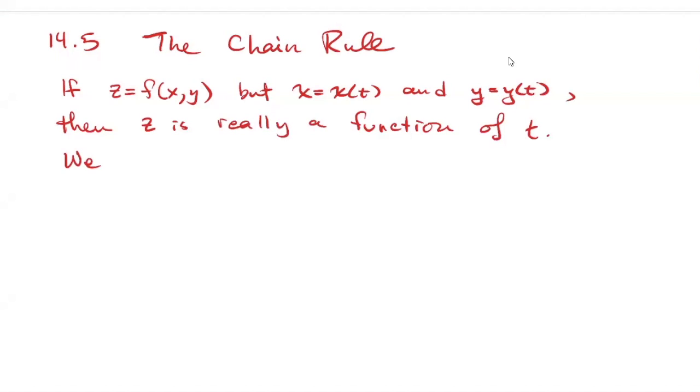What we want is the derivative of z with respect to t. How does z change with time?